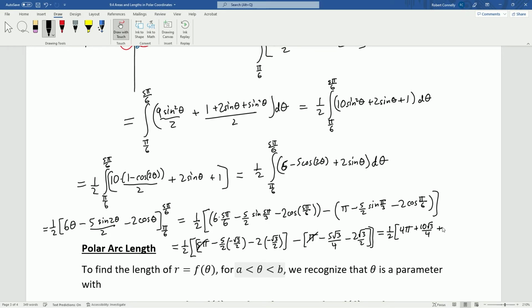So that's plus 2 root 3. If I multiply that 1/2 across, I get 2 pi. And then I get 5 root 3 over 4 plus root 3. So that's 2 pi plus 9 root 3 over 4. And that's just a common denominator. Okay, so the algebra ended up taking a little bit longer on that one than I expected. But there we go.